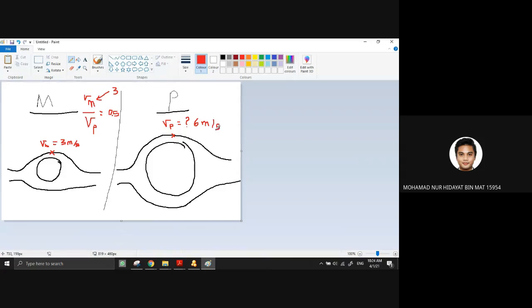This is just an example only. Okay, for example, you calculate the velocity here is 9 meter per second. What's the velocity of the prototype?